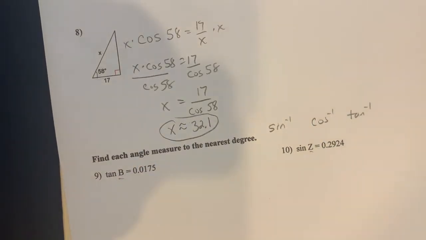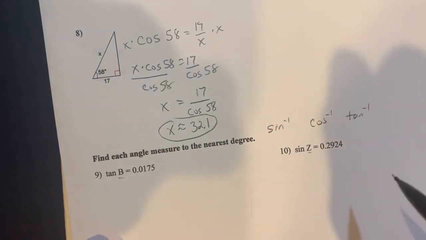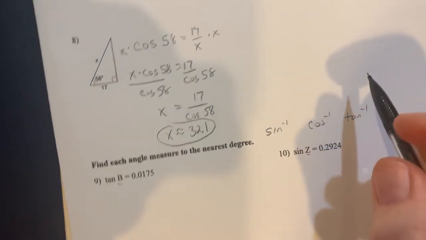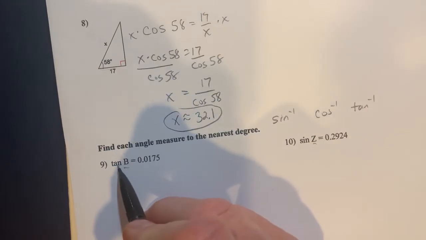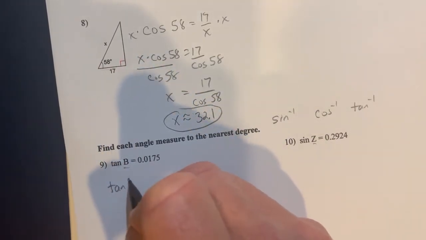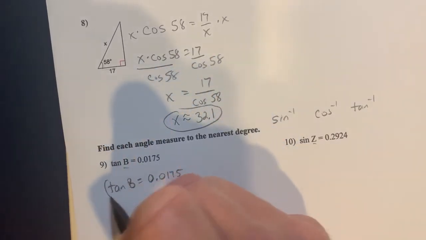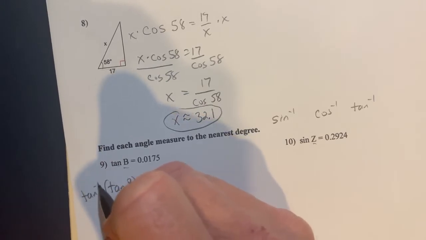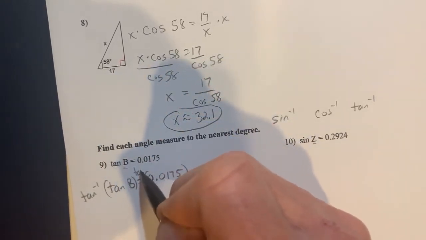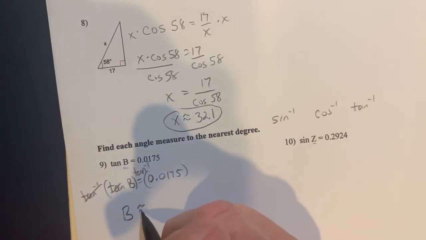What that does is those undo sine, cosine, and tangent. So for example, if I want to get rid of tangent, so I have b all by itself here, what I'll do is I'll take the tan inverse of both sides. Those cancel each other out. I'm left with b is about this.